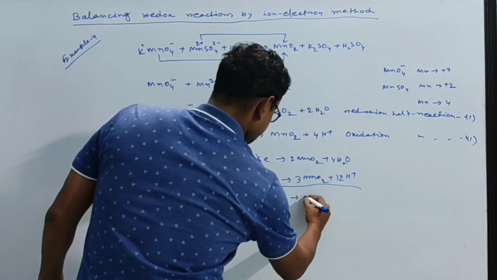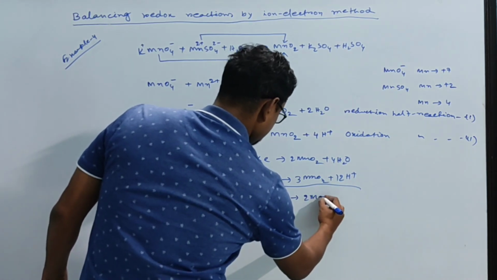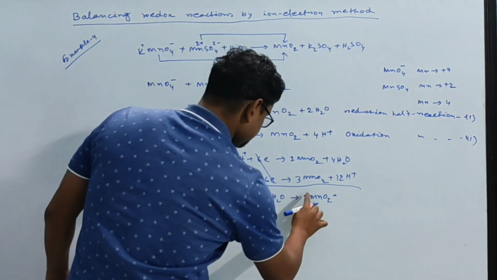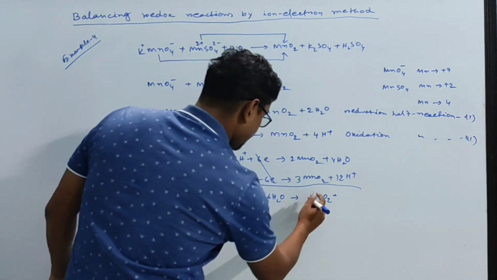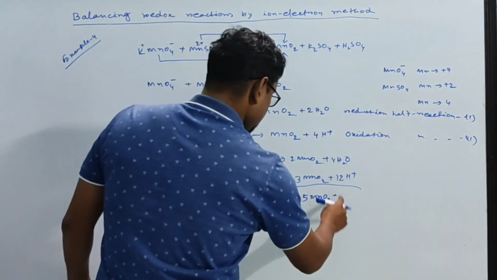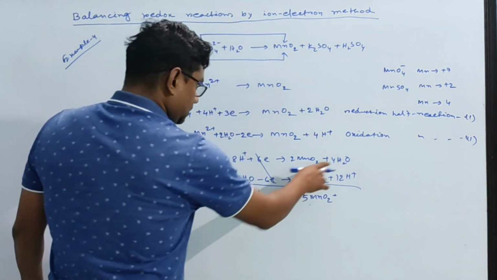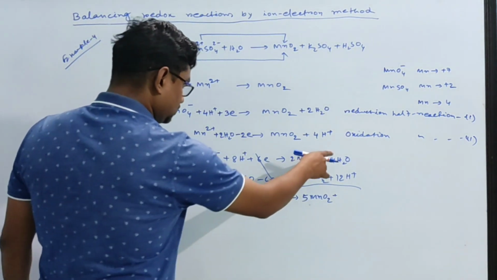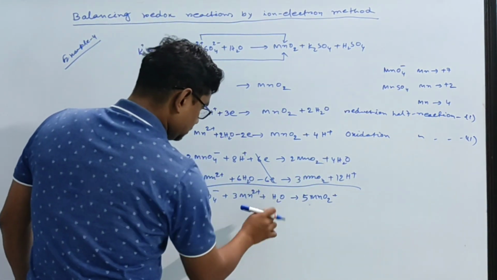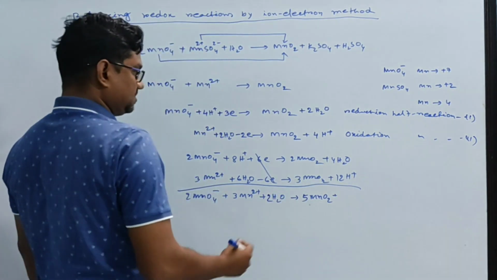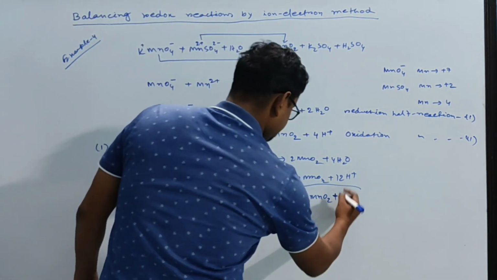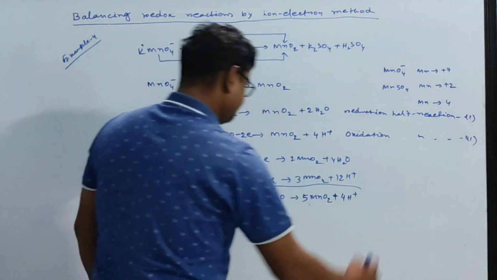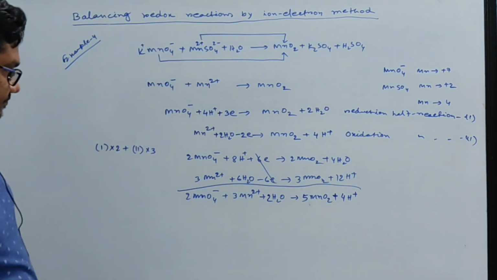So this will give 2 MnO2 plus 3 MnO2, which means 5 MnO2. Here 4 H2O is there and at the left hand side it's 6, so overall it will give only 2 H2O molecules at the left hand side, and as I said, for the H plus this will give 4 H plus ions at the right hand side.